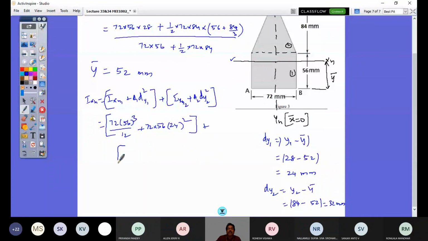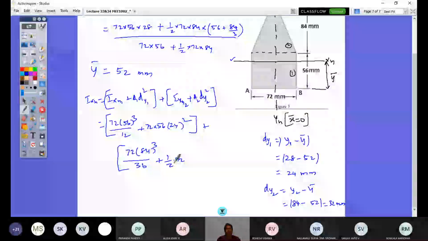For a triangle about its own central axis it is bh cube by 36. So b is 72, h is 84 cube by 36, plus half into 72 into 84 into dy2, that is 32 square. This would solve for IXG. I leave it to you to solve.